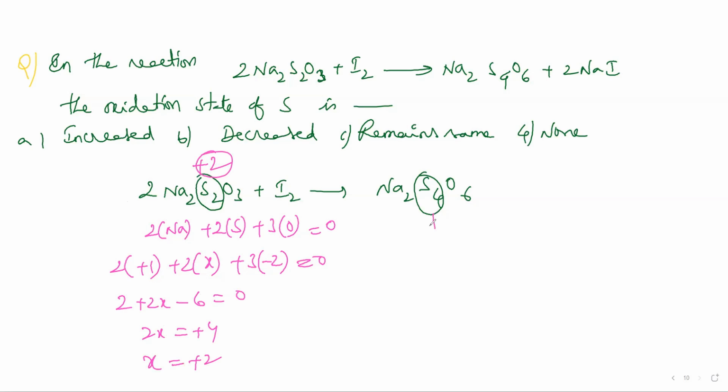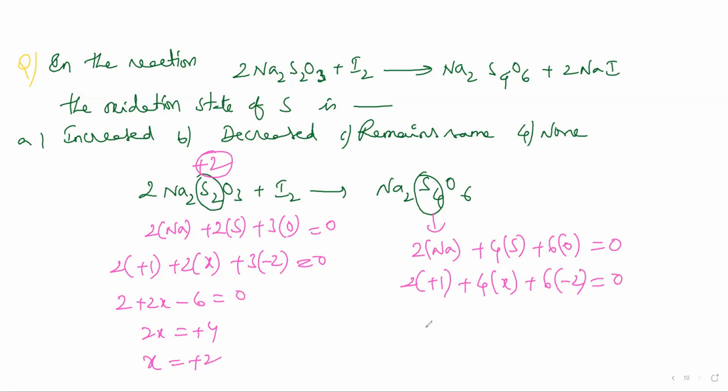Now here, 2 sodium, 4 sulfur, 6 oxygen is equal to, it is also neutral, so 0. Sodium plus 1, sulfur x, 6 into minus 2 equal to 0. 2 plus 4x minus 12 equal to 0, or 4x equal to plus 10, implies x equal to 10 by 4, which means 2.5.